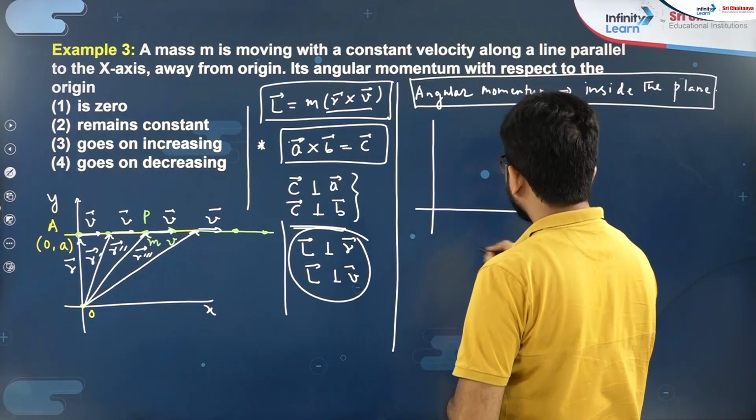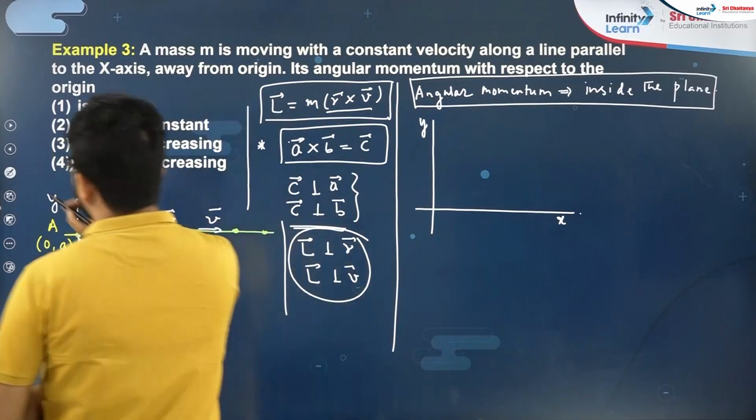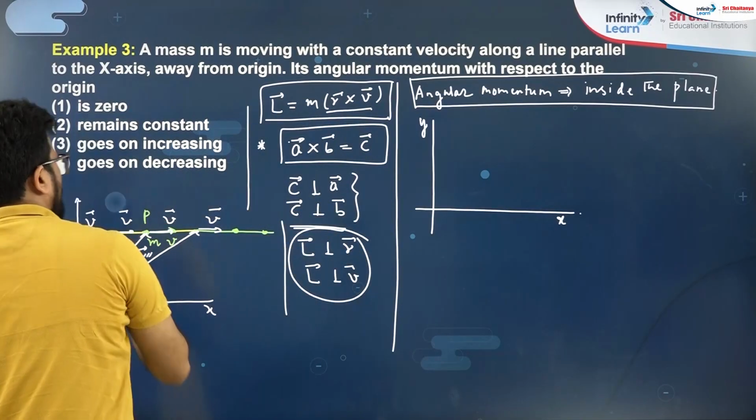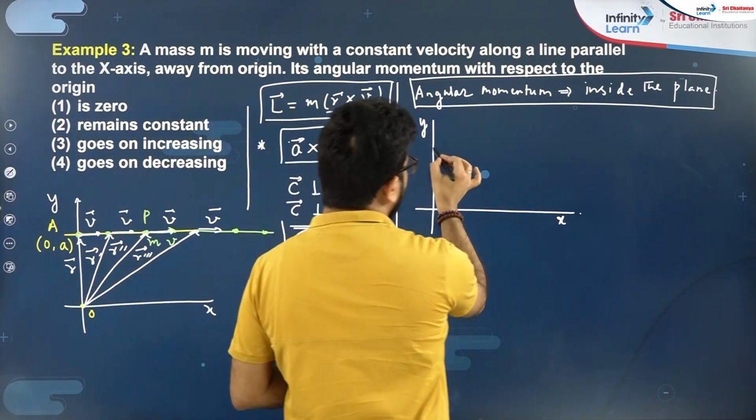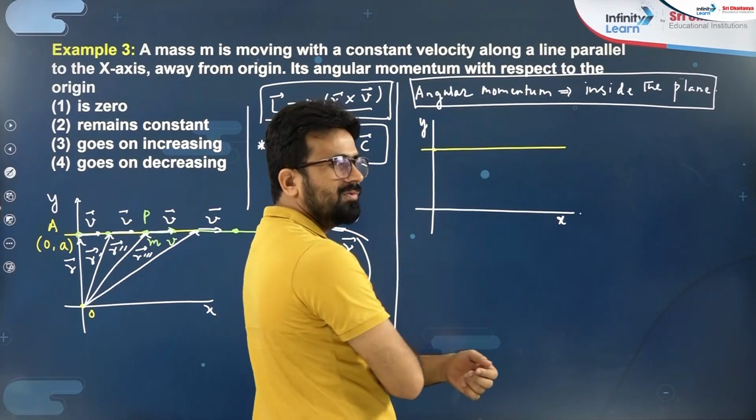I am just drawing this diagram again, you will focus. Suppose this is the x-axis and this is the y-axis, and the particle is moving on this line, anywhere. So I can choose any point.